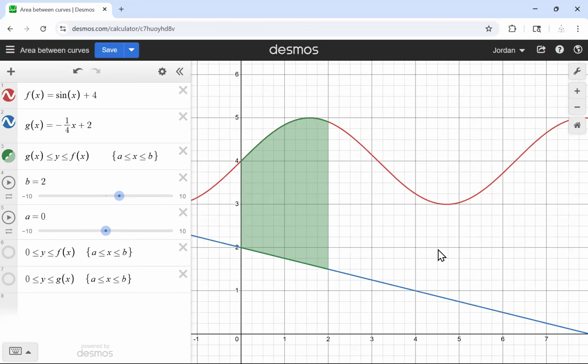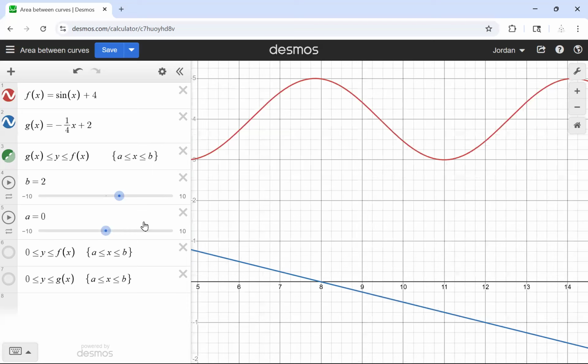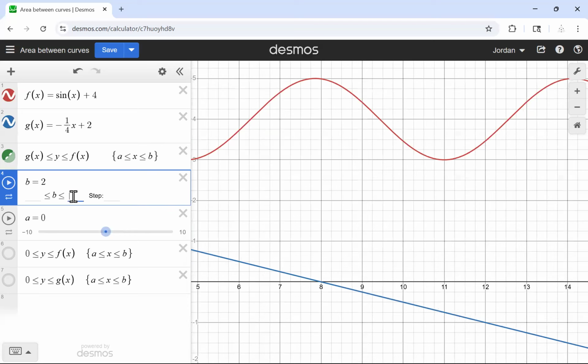Now you can do this even when our curve drops below the x-axis.